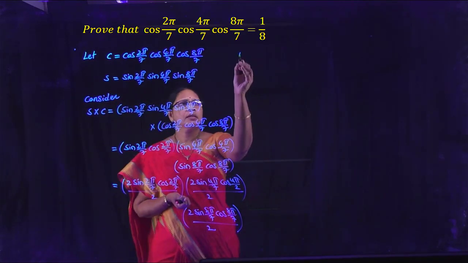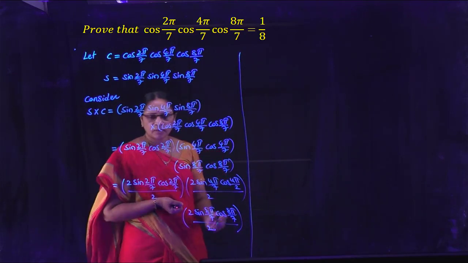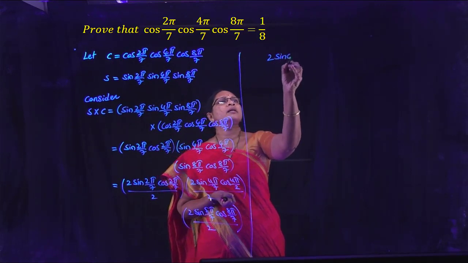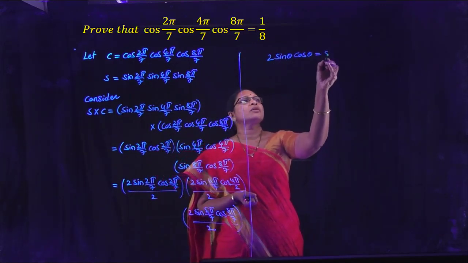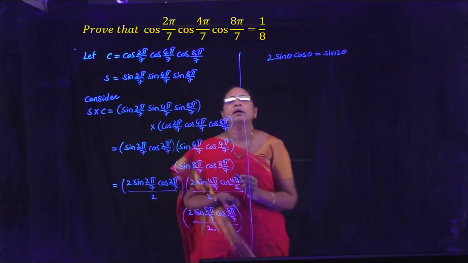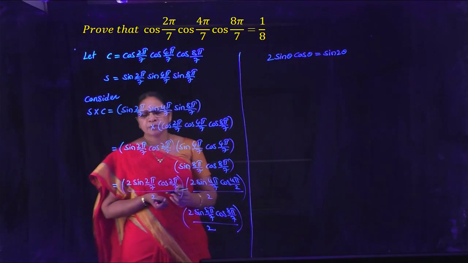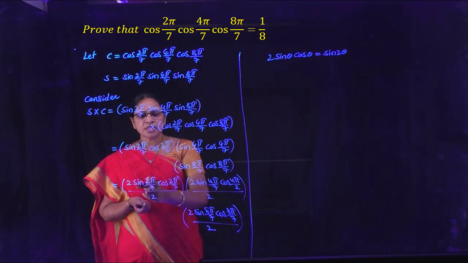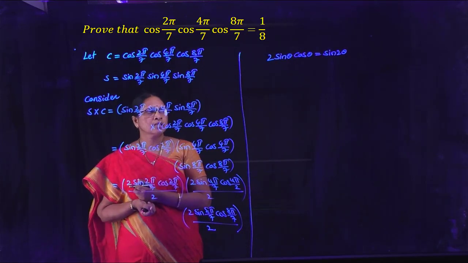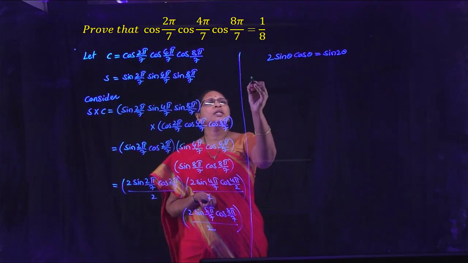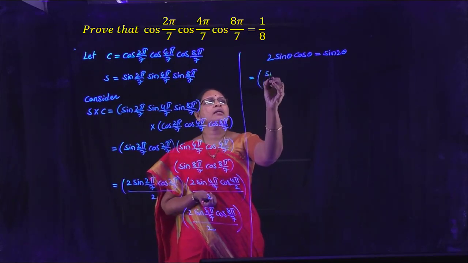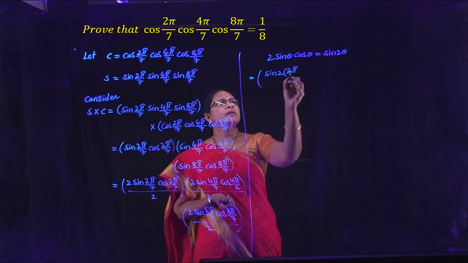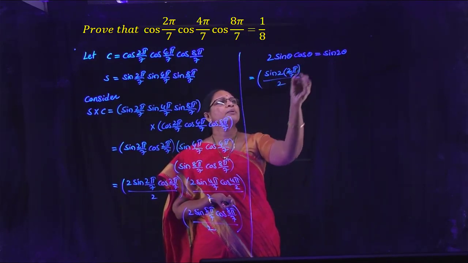Apply this formula, we get: in the first bracket, 2 sin 2 pi by 7 cos 2 pi by 7 is in the form of 2 sin theta cos theta, that is sin 2 theta, where theta is 2 pi by 7, whole divided by 2.